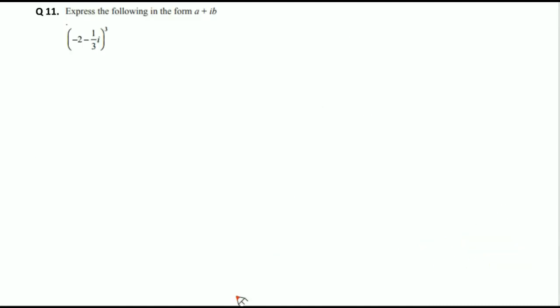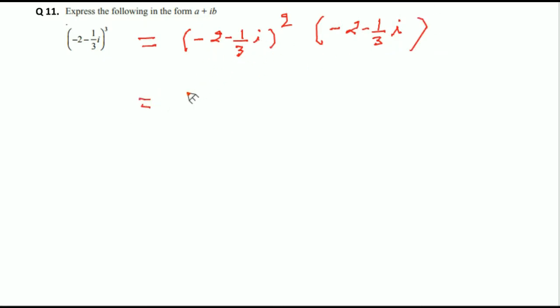Express the following in the form of a plus iota b. Again, cube is given, so go for (minus 2 minus 1 by 3 iota) to the power square and then (minus 2 minus 1 by 3 iota). If you multiply here, you have a square, that is 4, plus b square, that is iota square by 9, plus 2ab.